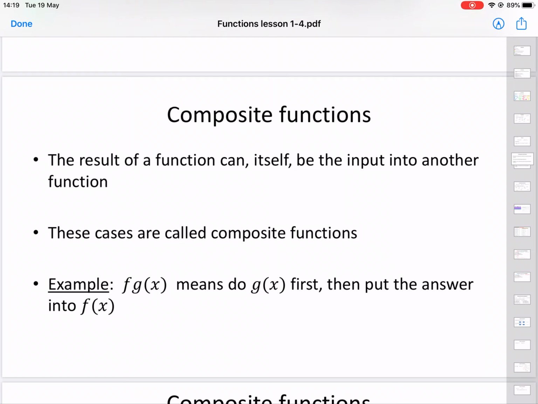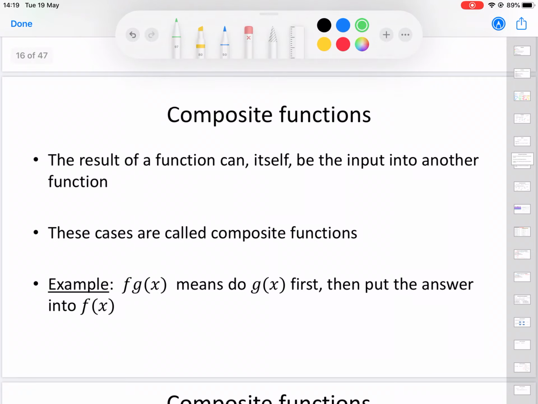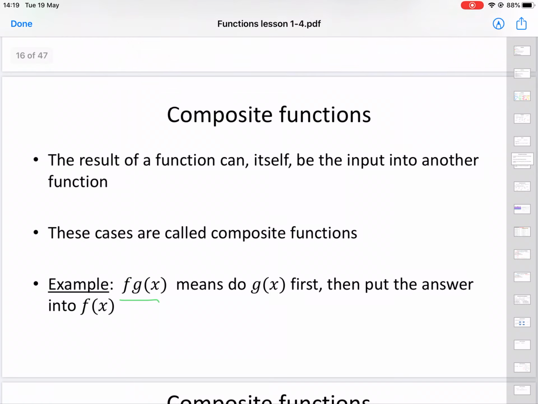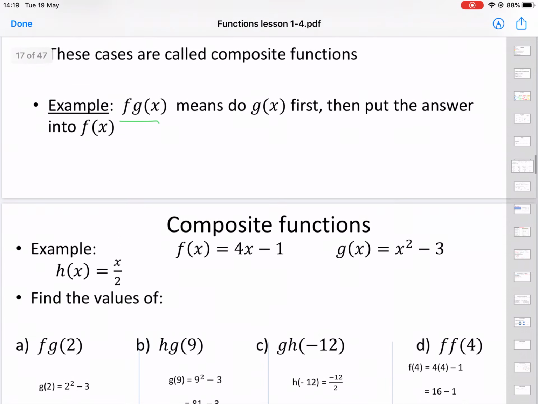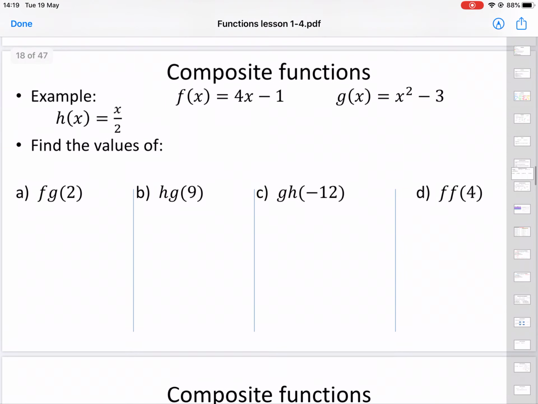An example of that here is fg of x. That just means we're going to do g of x first, and then whatever answer we get out of that, we're going to put into f of x. Again, that might not make much sense at the moment, but when we start having a look at an example, hopefully it will.